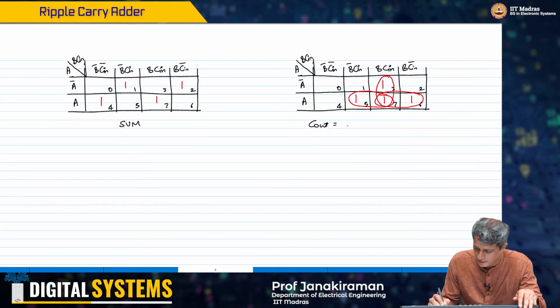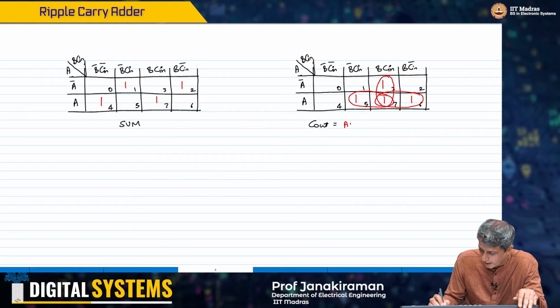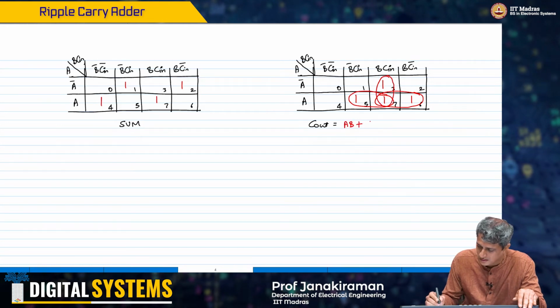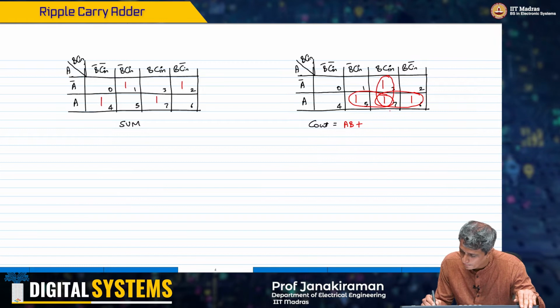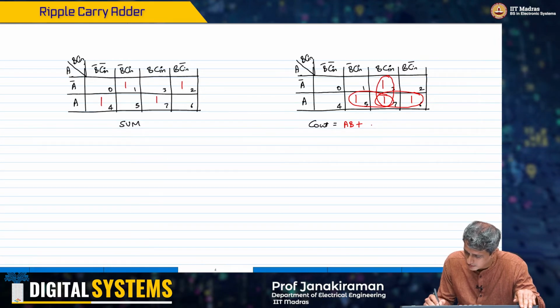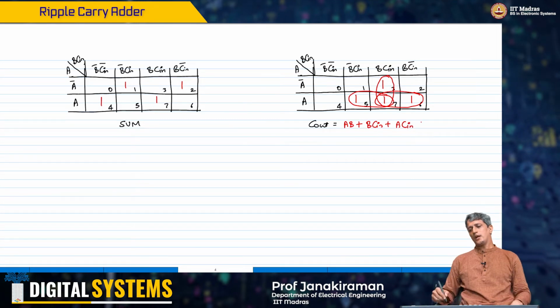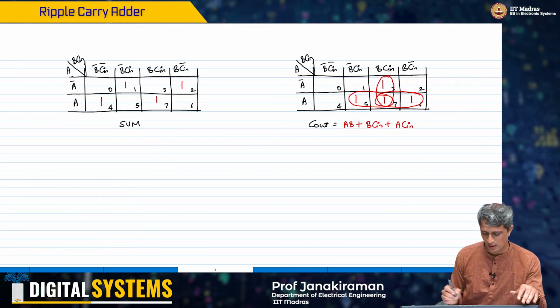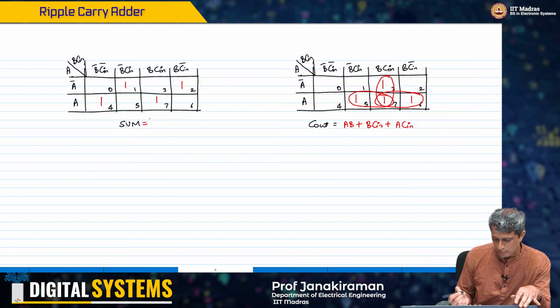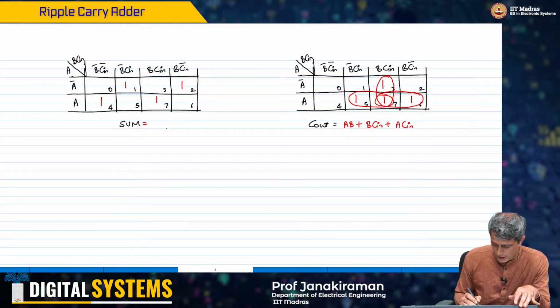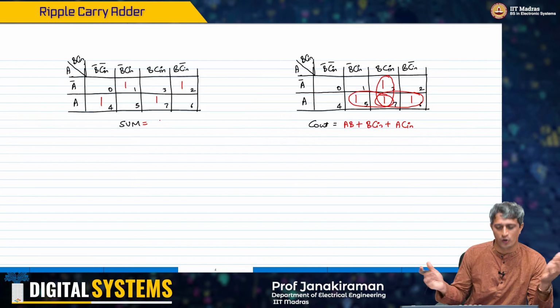If you look at this, this will simply be AB plus BC in plus A into C in. There are 3 different terms that will come out of this. The sum is obviously going to be more complicated. It's just a sum of 4 different things.